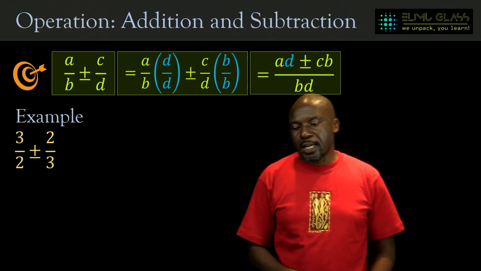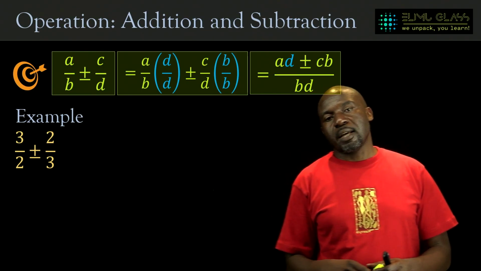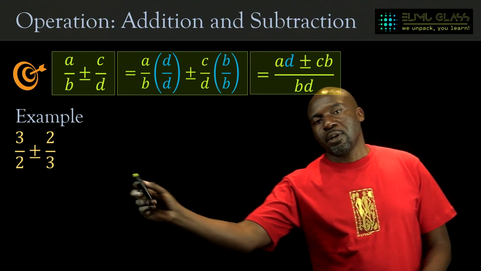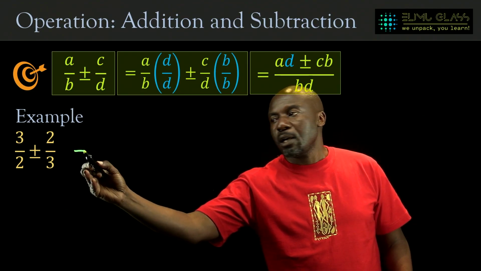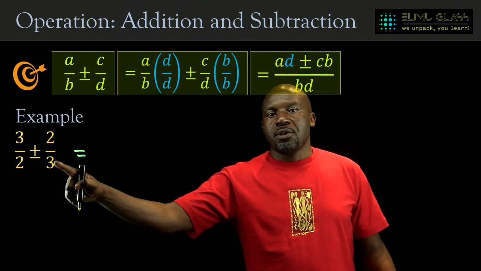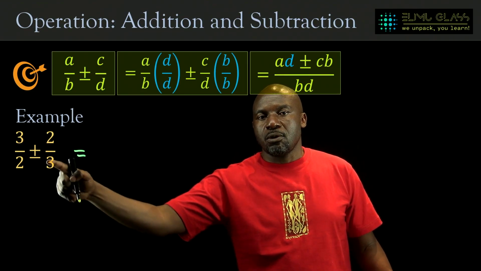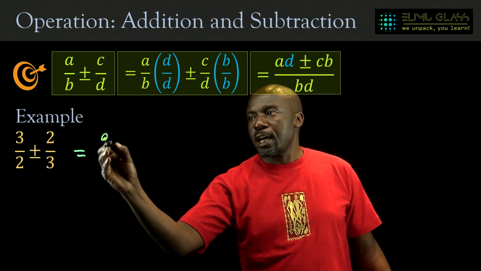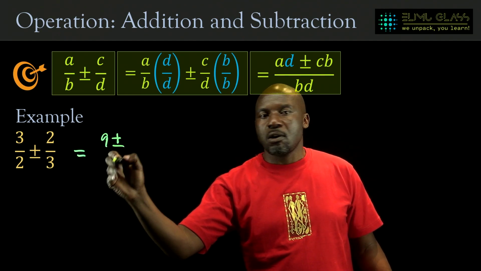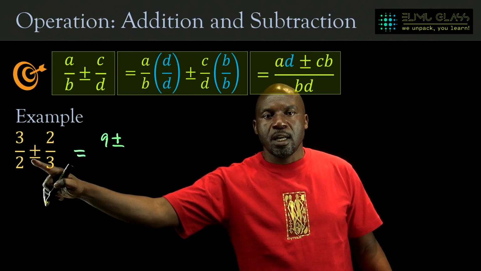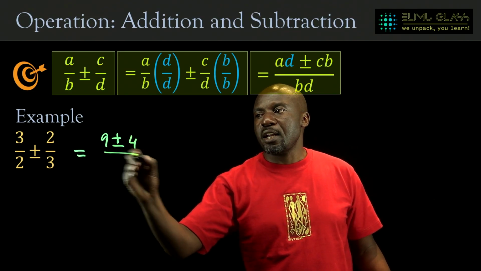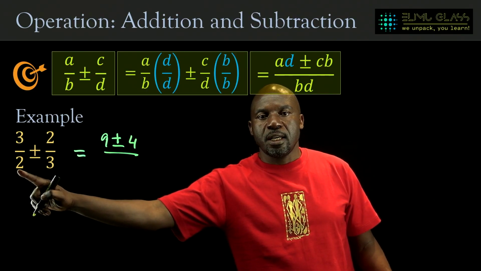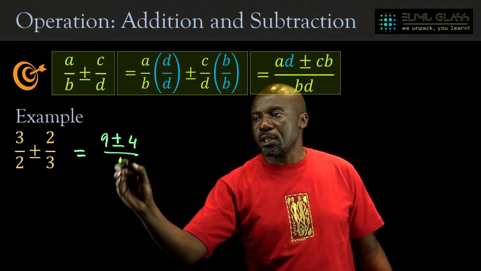Now if we want to add or subtract them, all we need to do is say 3 times 3, which is 9, plus or minus 2 times 2, which is 4, and everything divided by 2 times 3, which is 6.